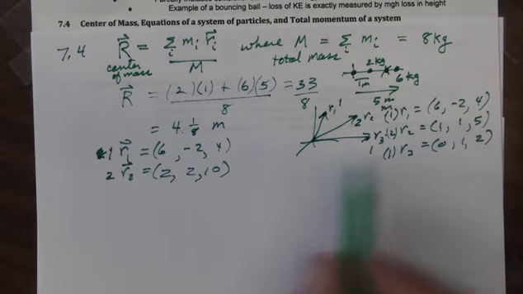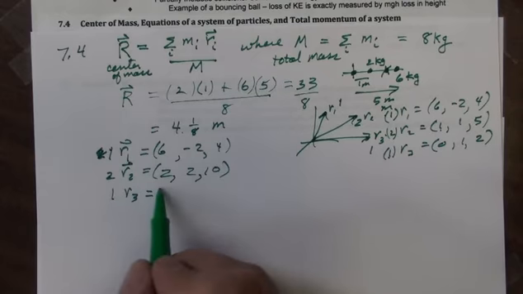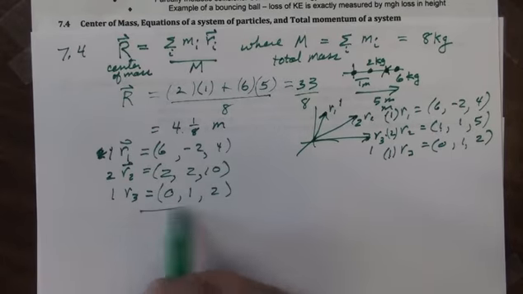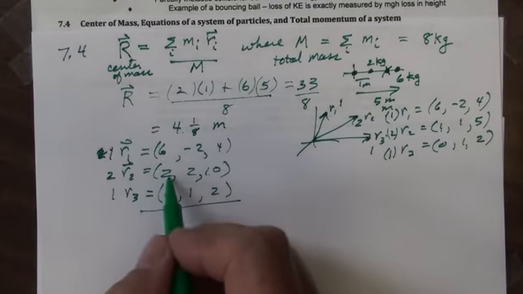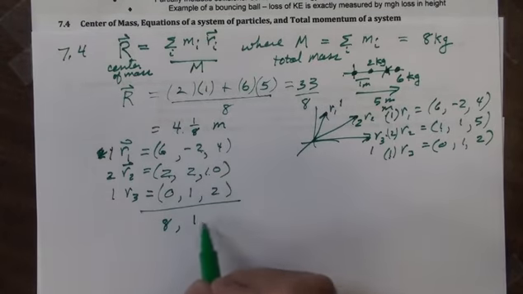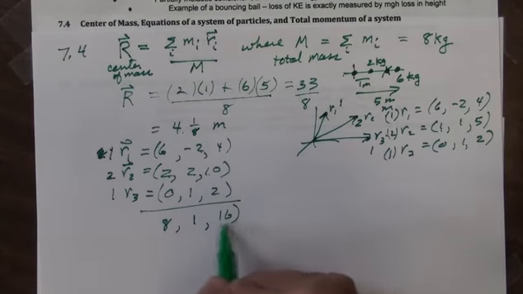And R3 times a mass of 1 would be 0, 1, 2. Now we simply add those up. So we would have 8, 1, and 16.